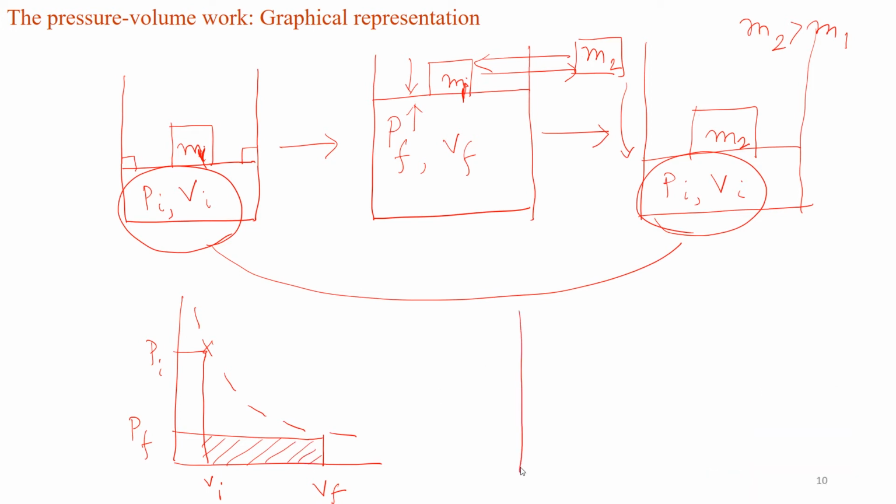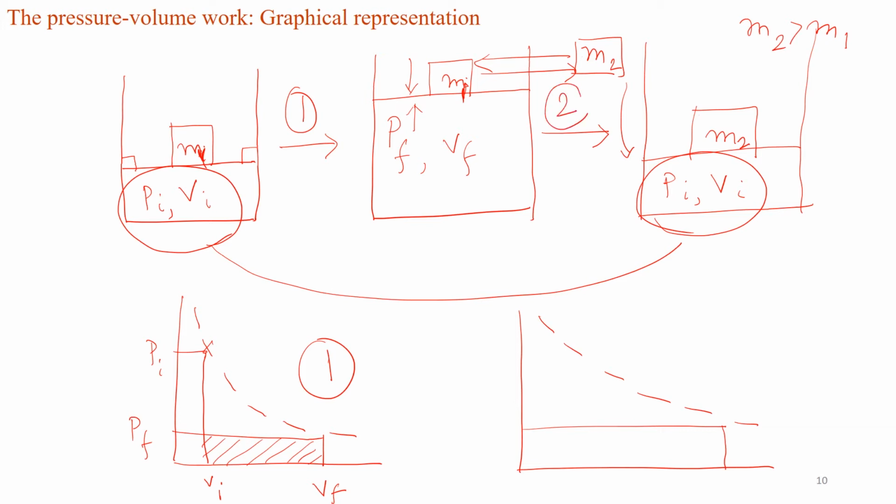However, when we did the opposite process, where we started from our initial state, remember, was this Pf. So this is process number 1, the work done in process number 1, which is an expansion work. This is process number 2, so it's the work done in the compression.